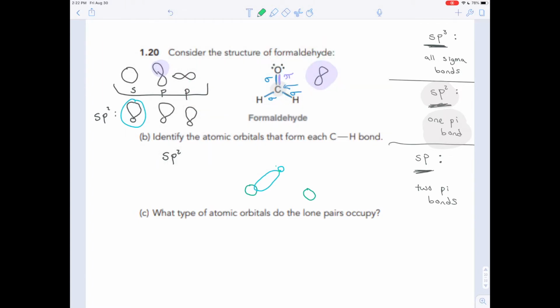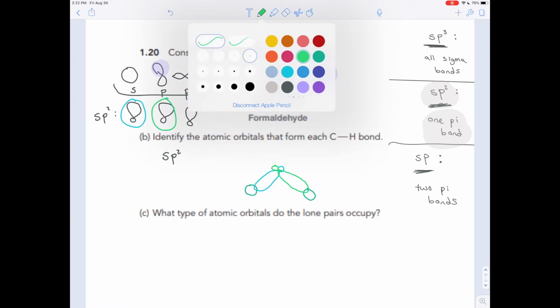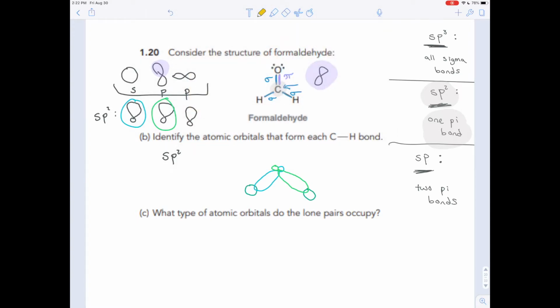So here again is the carbon in the middle. That's the smaller lobe. Here's the larger lobe. So that's our second sp2 orbital. And then you'd have a third sp2 orbital. So here our carbon is, have the little end of the lobe, the longer end of the lobe. And so that would be like our third sp2 orbital. And notice they get as far apart from each other as possible, 120 degrees, like in a triangle.